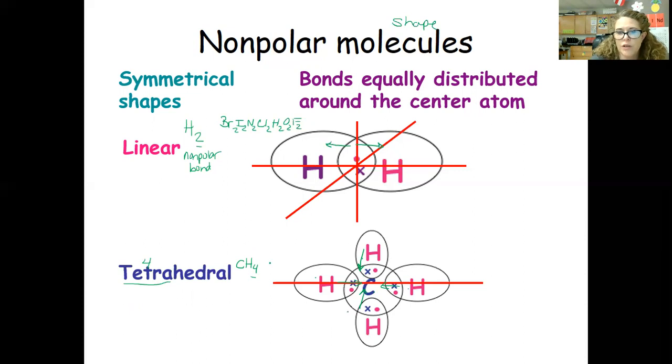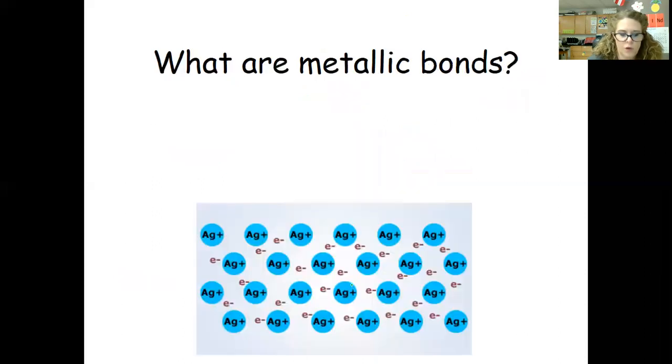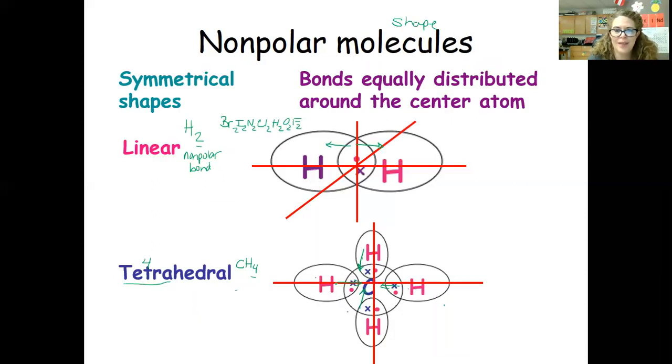Is it symmetrical on the top and the bottom? Yes. Is it symmetrical from left to right? Yes. So this is also a symmetrical distribution of charge. This is symmetrical, so it is nonpolar. So this is a nonpolar molecule.